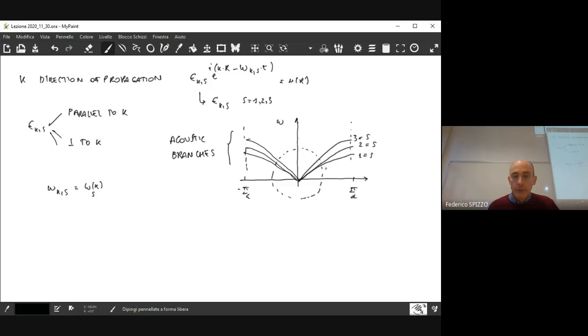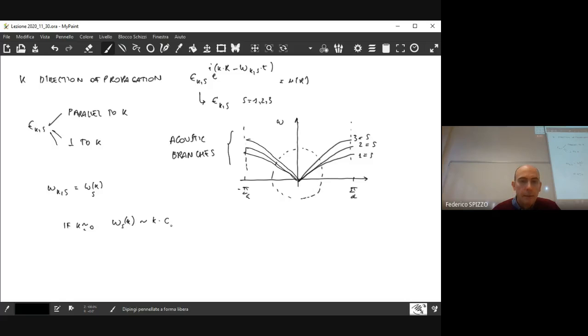If you see what happens here for small values of the wave vector, if K is close to 0, omega S of K can be written as K times a coefficient, because we have a linear dependence.